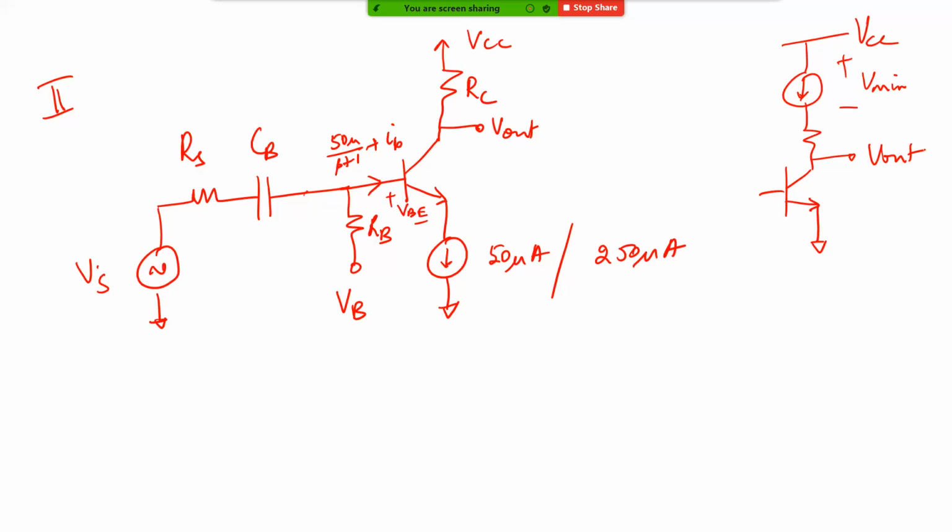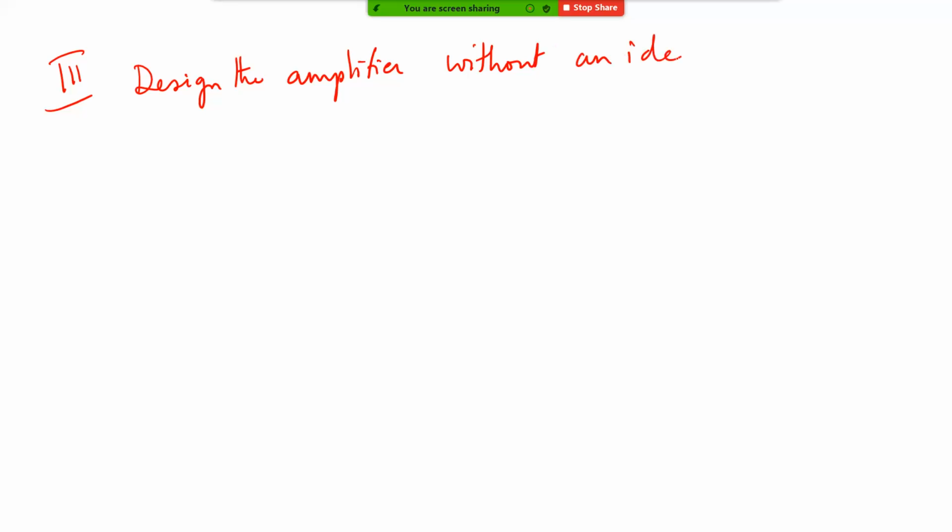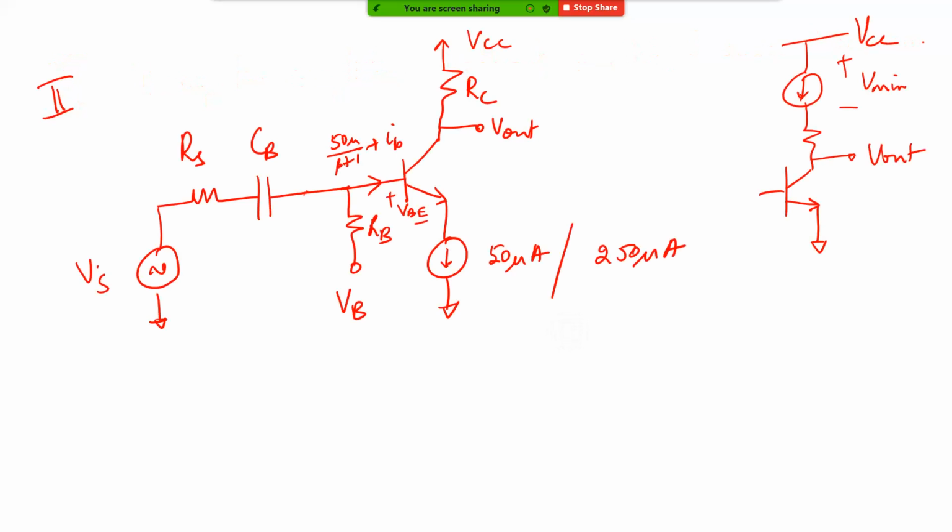All right. Now, let me maybe conclude with this, and I'll continue in the next class. Design the amplifier without an ideal current source. I will come to current sources and current mirrors a little later.